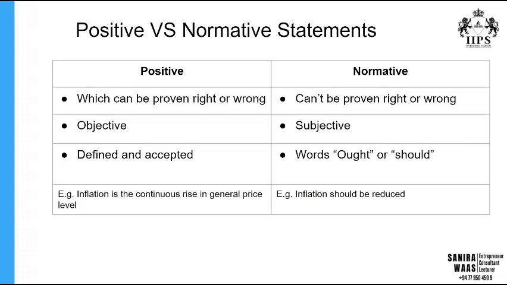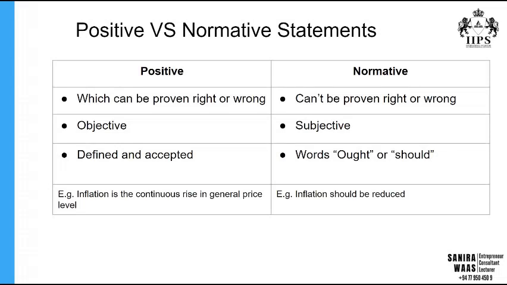We have got two little examples for more clarification. Example for a positive statement: inflation is the continuous rise in general price level. This is a positive statement which you can test, you can prove, and this is universally accepted. On the other hand, a normative statement: inflation should be reduced.